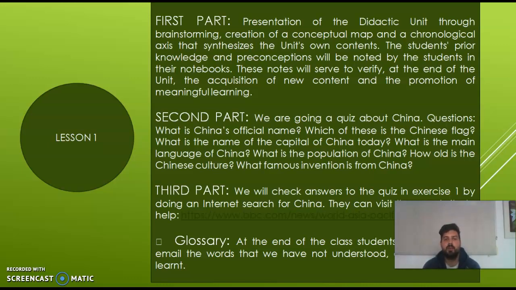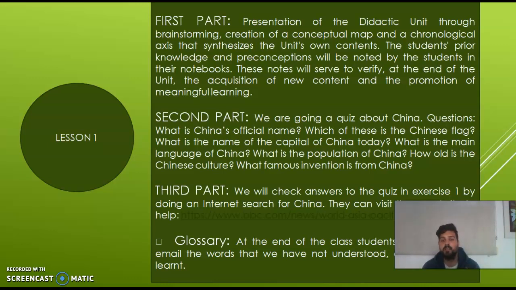But now, the second part in lesson 1: we will ask some questions about China. It's important to focus the objective. We have only one objective: the Great Wall of China, the chronology, the maps, and the architecture.